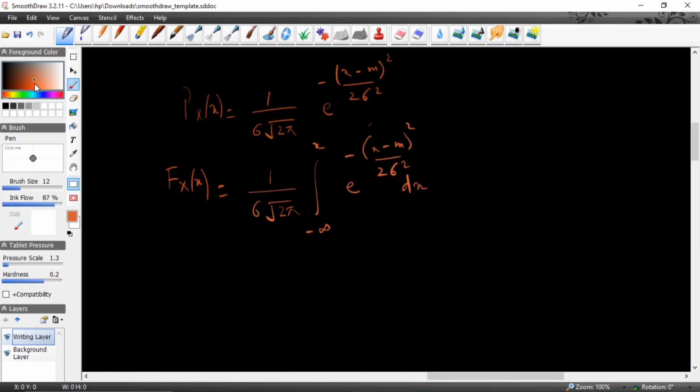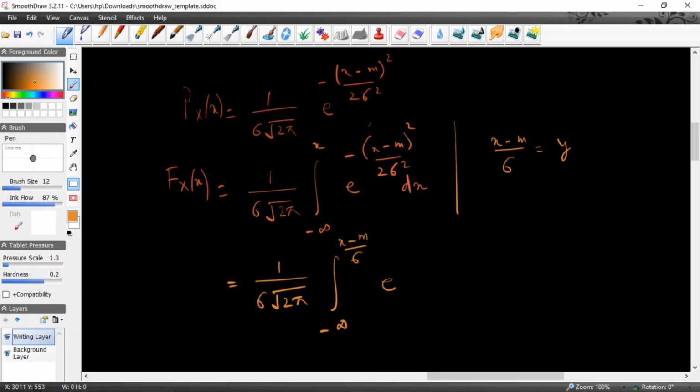And if you replace this (x minus m) over sigma with, suppose, y or z, whatever you write, then I can write this function as 1 by sigma root 2 pi integration from minus infinity to the limit, which now becomes x minus m over sigma, because we are replacing (x minus m) over sigma with y.